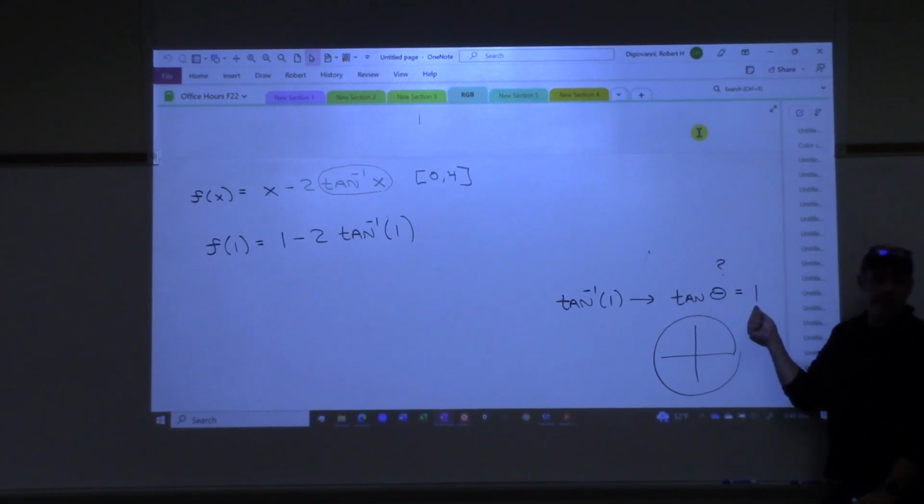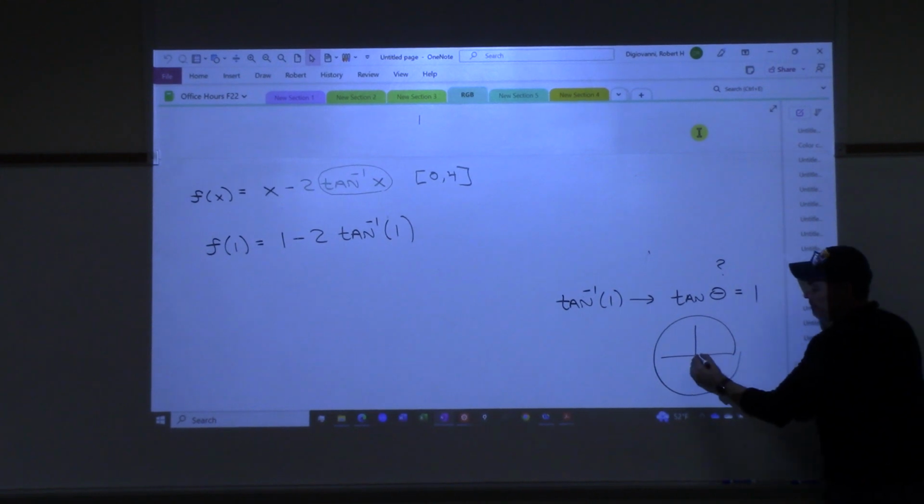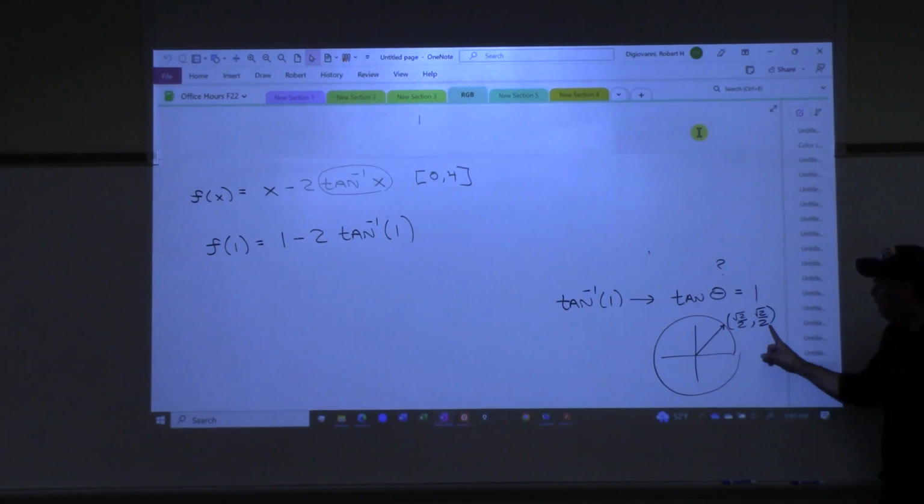Tangent is defined to be your y-coordinate divided by your x-coordinate. So where is y divided by x equal to 1? 45 degrees, or pi over 4, right here, because this is the ordered pair root 2 over 2, root 2 over 2. If I take the y-coordinate and divide by the x, I get the ratio of 1.